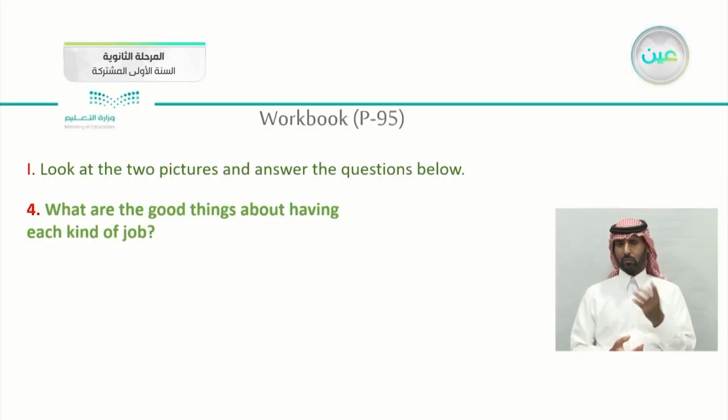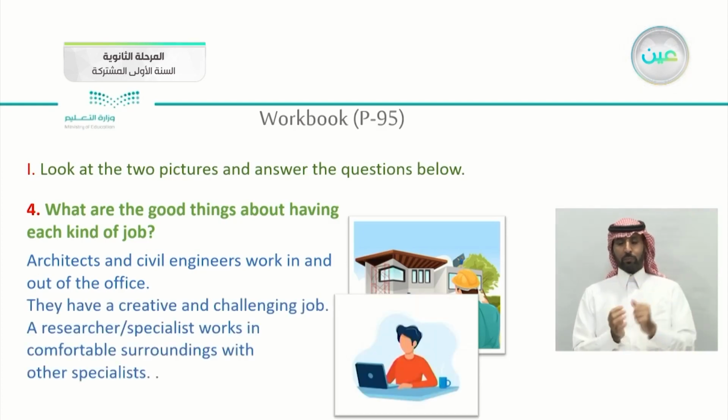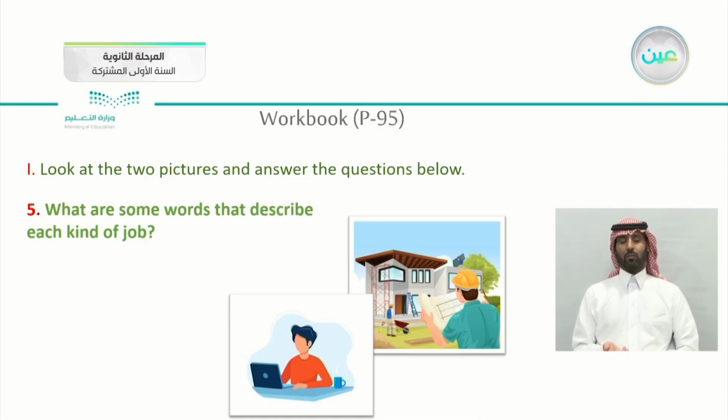Okay, what are the good things about having each kind of job, being this or that? An architect or civil engineer works in and out of the office. It is fun. However, the researcher works in a comfortable surrounding and with other specialists. So it is interesting to be there.